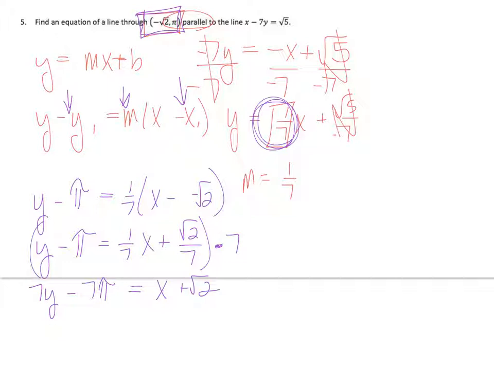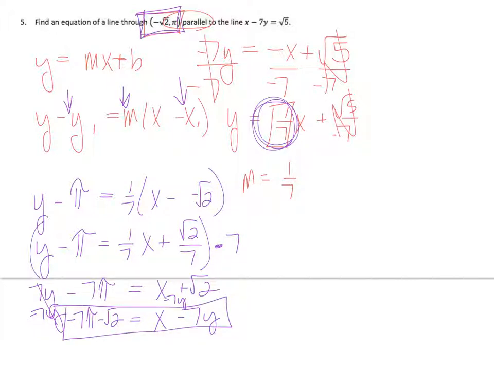So 7y, oh wait, let's get our x first. X minus 7y, so subtract 7y from both sides, equals negative 7 pi minus the square root of 2. Not much nicer, is it?